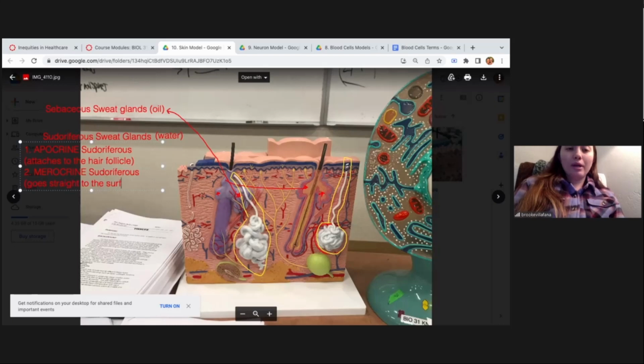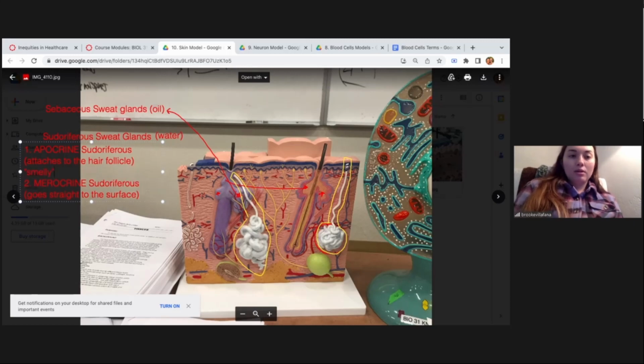The way I remember it is apocrine releases smell. It's smelly. So think about the areas that have body odor, like your armpits and groin. Those have apocrine glands and they have more smell. Merocrine is going to be areas where you sweat, like your arms or the palms of your hands, that don't necessarily have hair follicles, and so they don't get as strong of a smell.